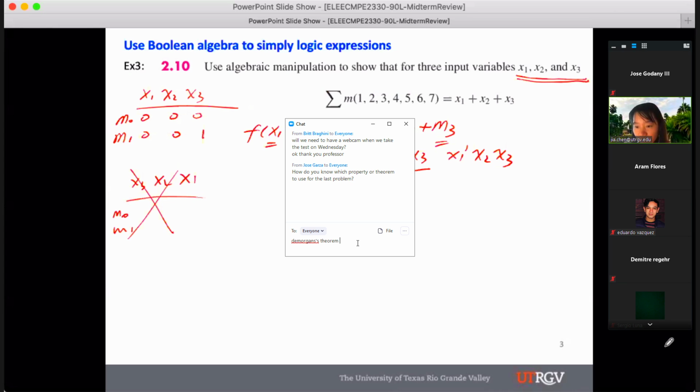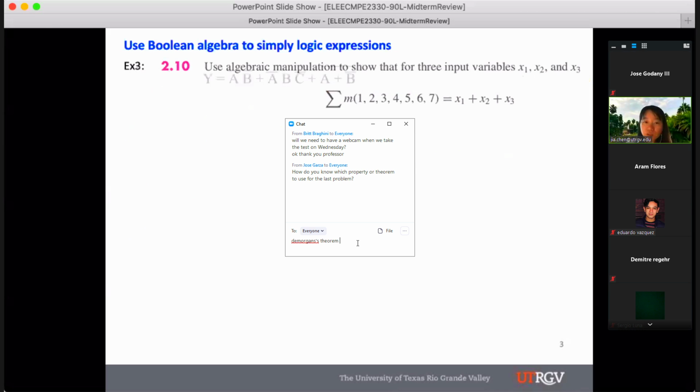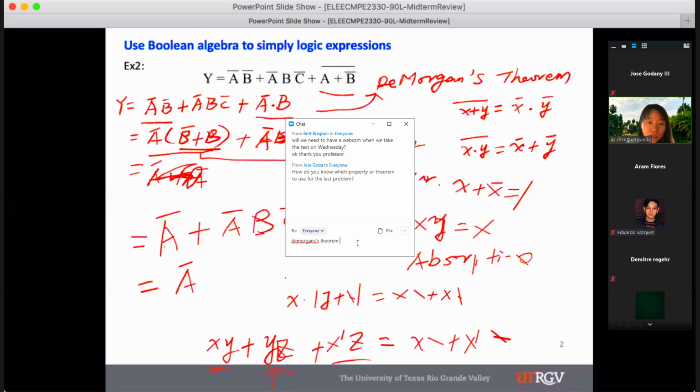Let's say Jose has a question. How do you think about which property or theorem to use for the last problem? Yeah, that's a good question. As I said, there is no one sentence I can tell you about which property to use.